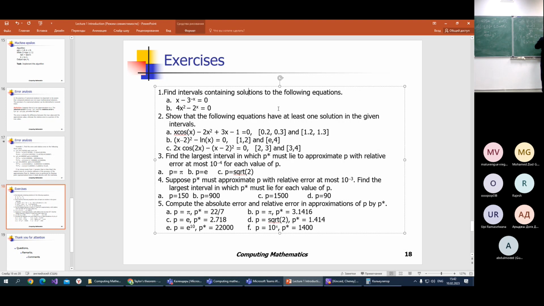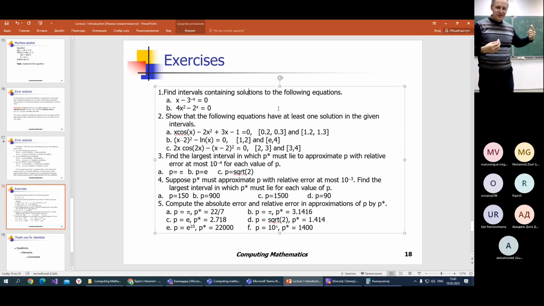Something like this. Different signs, plus and minus. Or, in another case, plus and minus. But different signs.